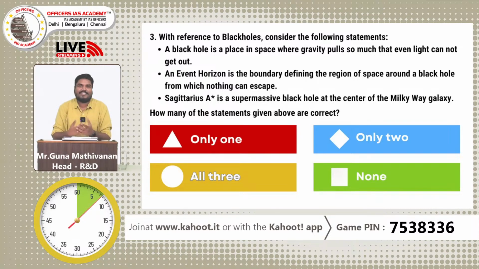What is a supermassive black hole? A black hole which has a mass of 1 million times the sun, 1 million solar masses, is called a supermassive black hole. Sagittarius A star, at the heart of our Milky Way galaxy, has 4 million solar masses.